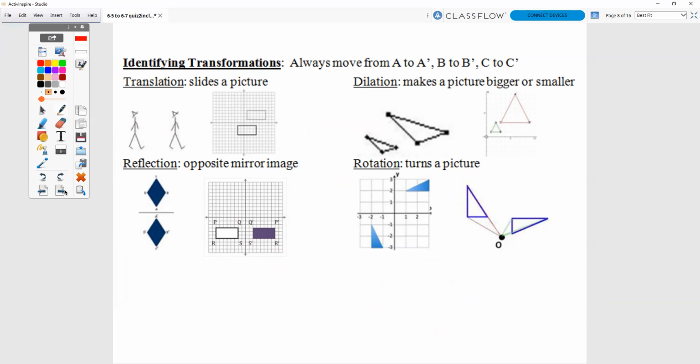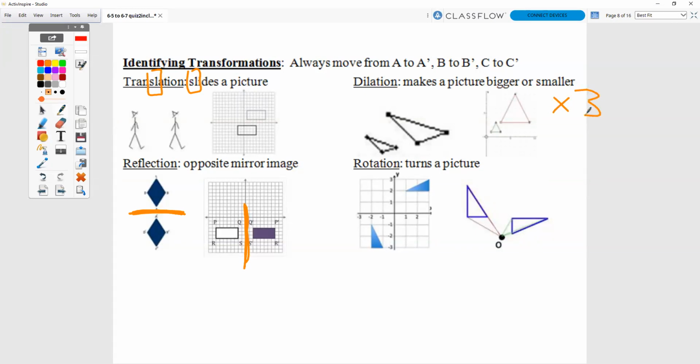Remember that a translation slides a picture. How many left or right? How many up or down? A reflection is that flipped opposite mirror image. It might go up and down like that one, or side to side like that one. A dilation makes a picture bigger or smaller. You're going to be multiplying by something.